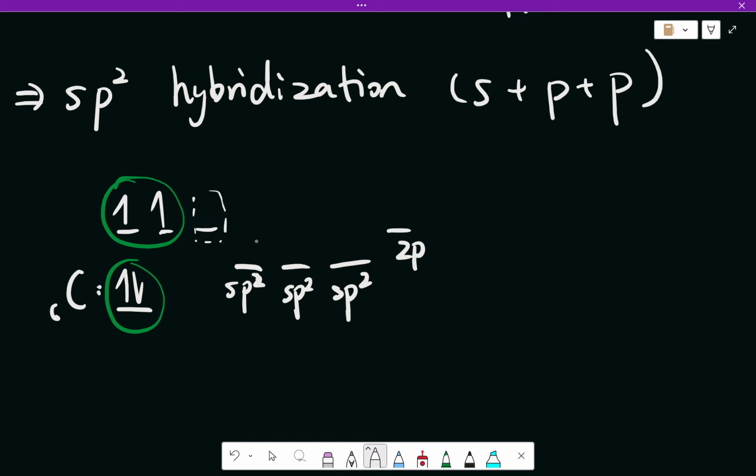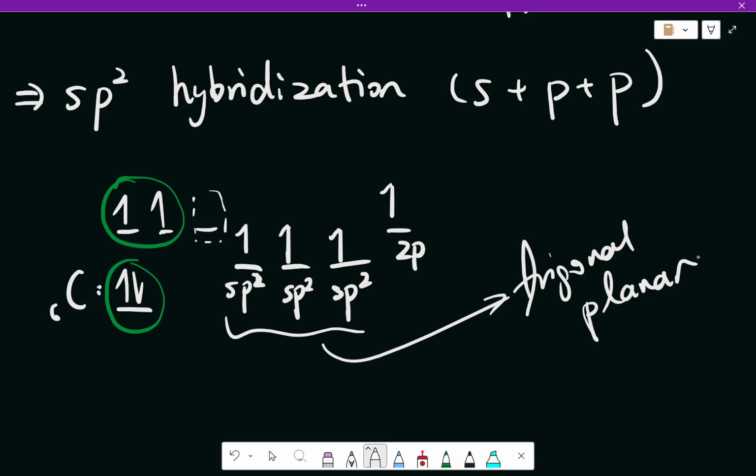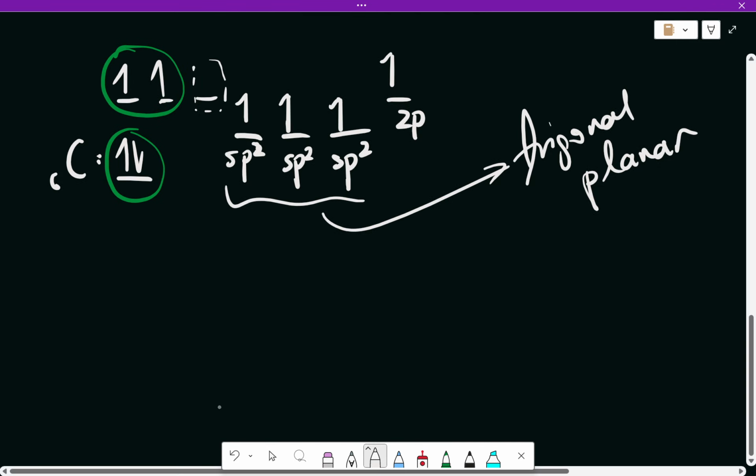So we have three half-filled hybridized orbitals and one half-filled 2p orbital. So this would explain a trigonal planar shape, or a trigonal planar electron domain geometry.